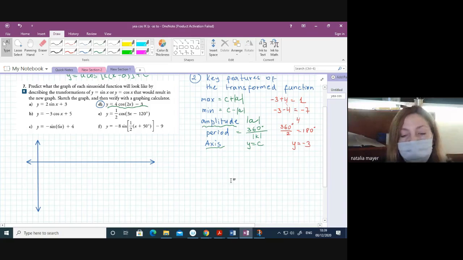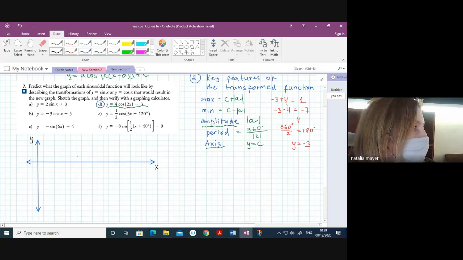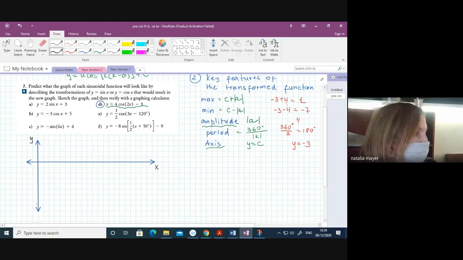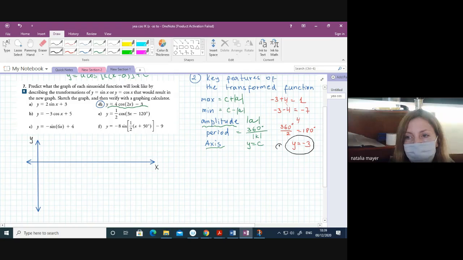So let's label x and y coordinate. Okay, and now I have some recommendations about the order of representing the features on the coordinate plane. The first thing we should go for is the axis. So the axis is going to be the first thing.